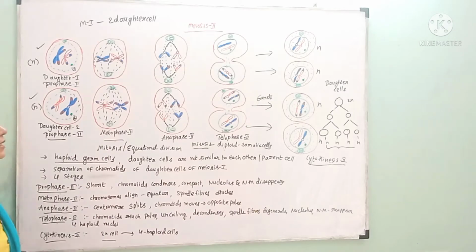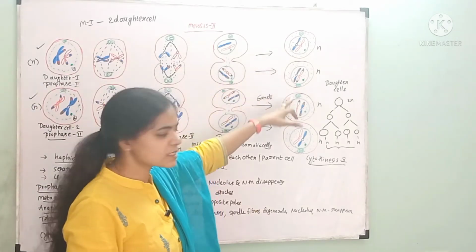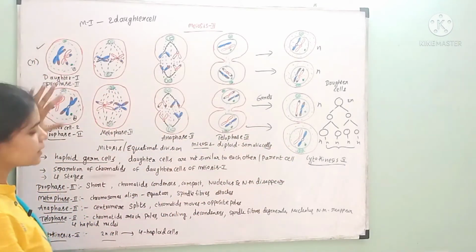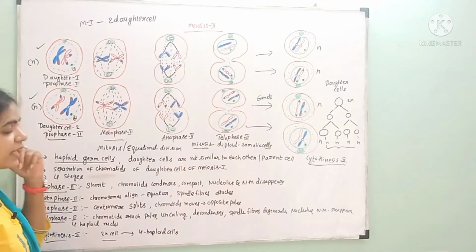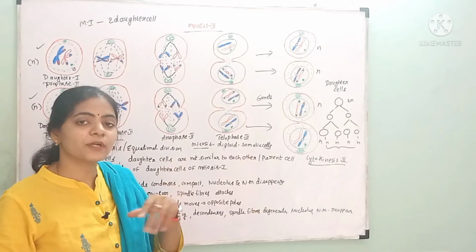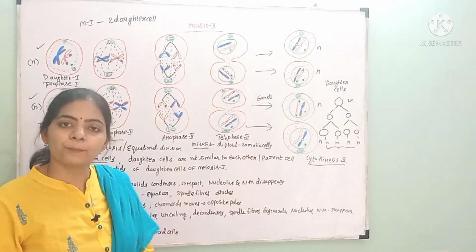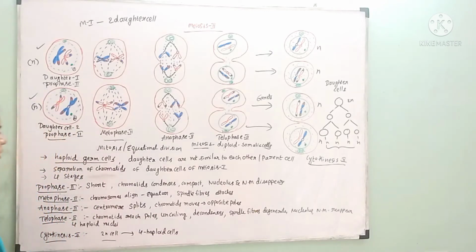Here the daughter cells formed are not similar to each other and they are not similar to the mother cell either, right? But in mitosis the daughter cells are identical to each other and similar to their mother cell also. These are some of the differences seen between mitosis and Meiosis-II.